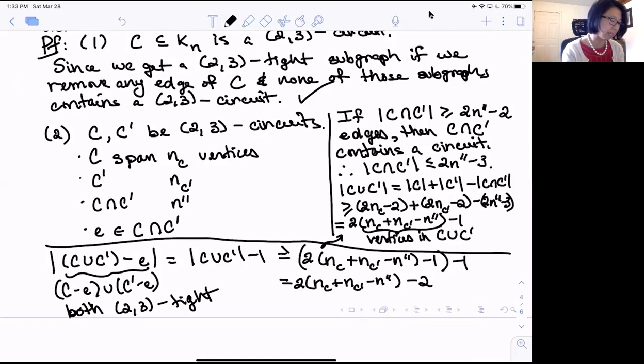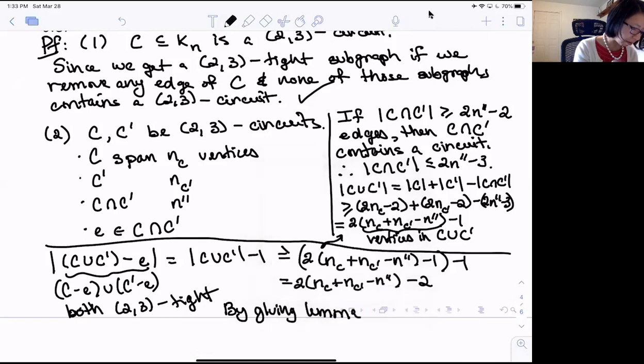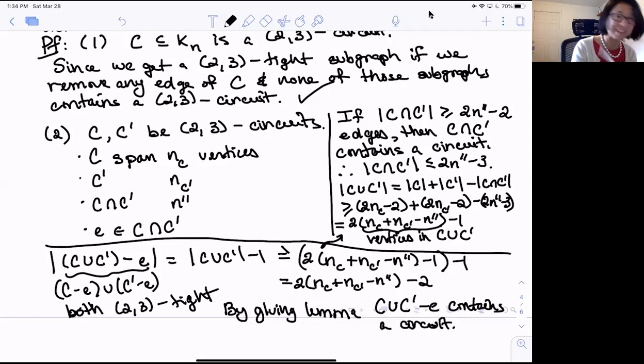Here I can see that it has too many edges to be 2-3 tight. So by the gluing lemma, that union C minus e union C prime minus e contains a circuit. And we're done.